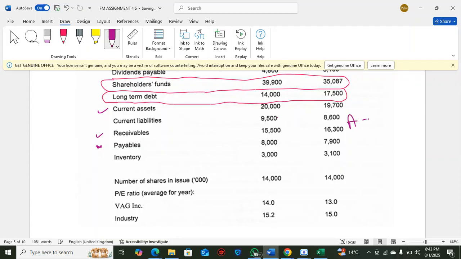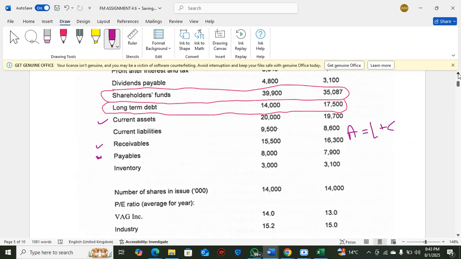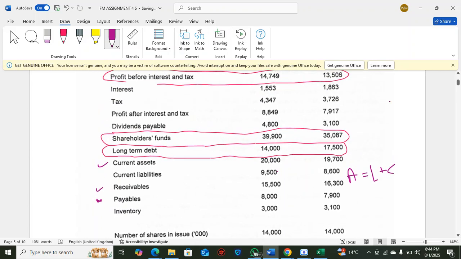Assets equals liabilities plus capital. Here we can still get our total assets. So what you need to do is add all your liabilities: long-term debt, current liabilities, payables, plus shareholders' funds.